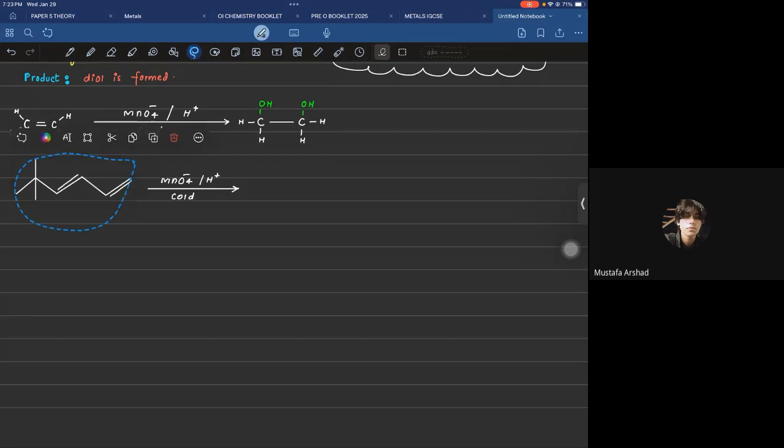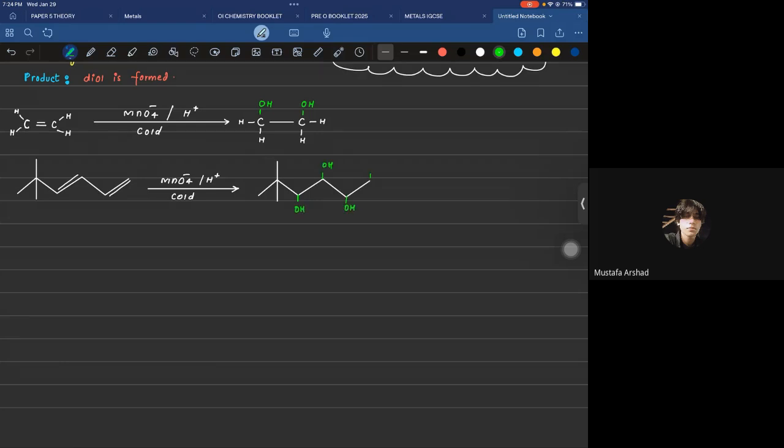I would break down the pi bond and attach OH. One double bond is equal to two OH, so two double bonds are equal to four OH.